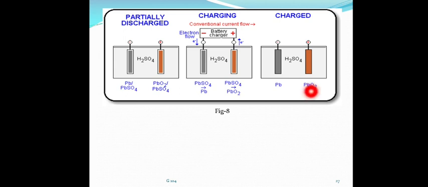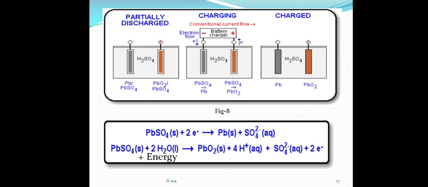So that is completely charged. Is it not? When you do the charging, you will again get the Pb and PbO2. So if you want the battery to run, you should have Pb and PbO2, not PbSO4. If it is completely PbSO4, then it is totally discharged.